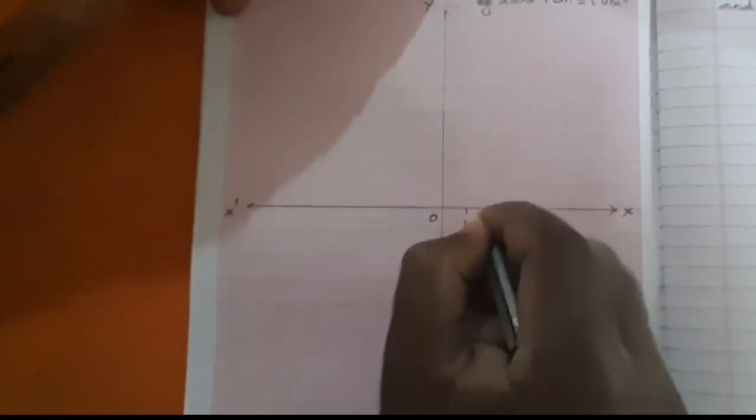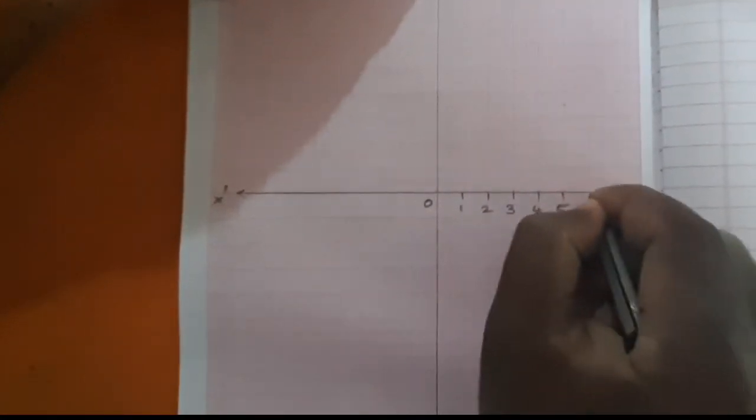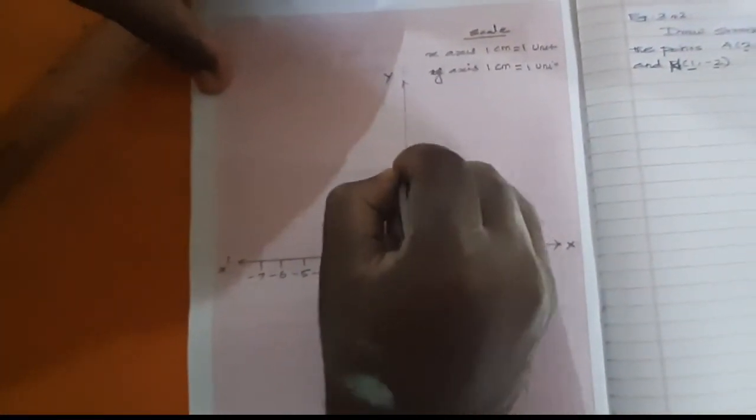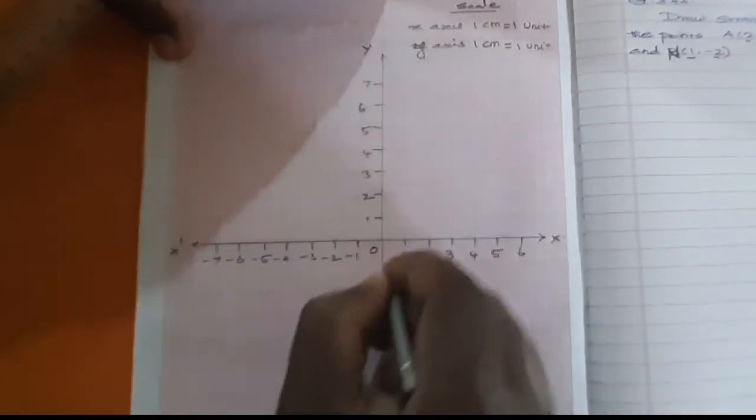So this is the x-axis, x dash, y, y dash, and origin 0. So mark 1, 2, 3, 4, 5, 6, then -1, -2, -3, -4, -5, -6, -7.